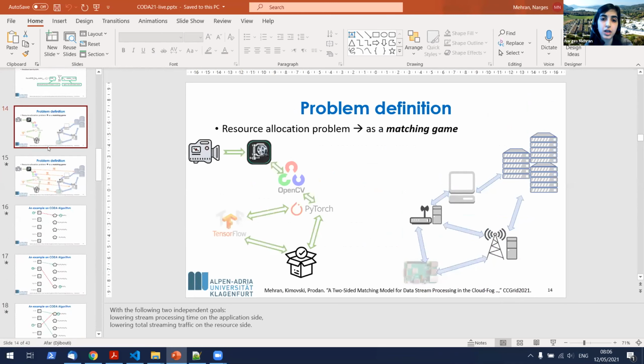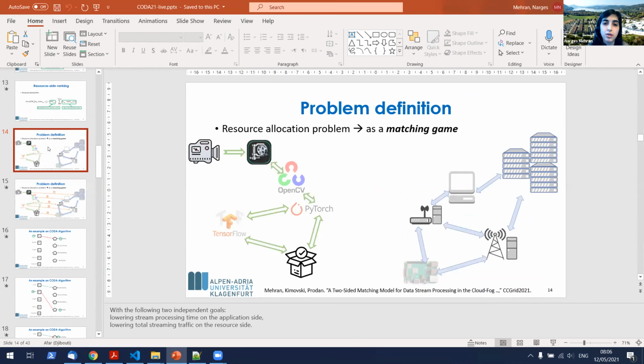The type of application that we considered was the microservice type of application, so that they can later, for example, be containerized, and then we can deploy each module on a different resource. It's not like the previous type of applications, which were more monolithic, but more microservice-based and component-based applications.